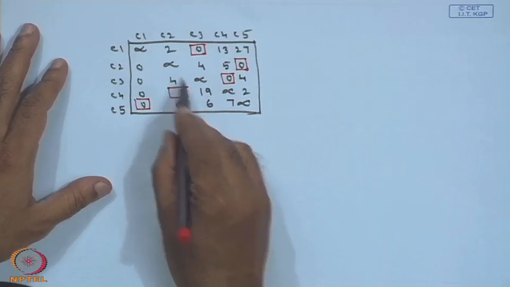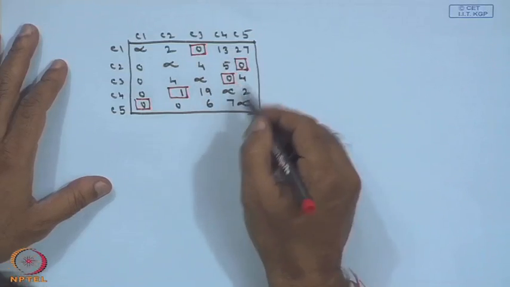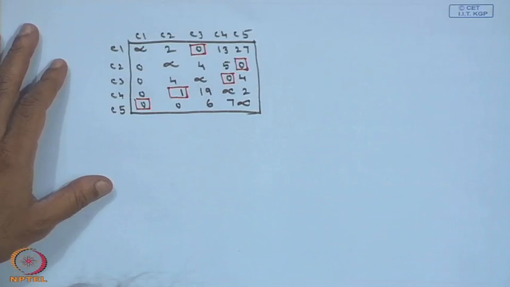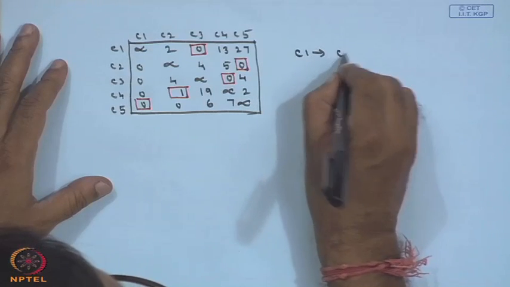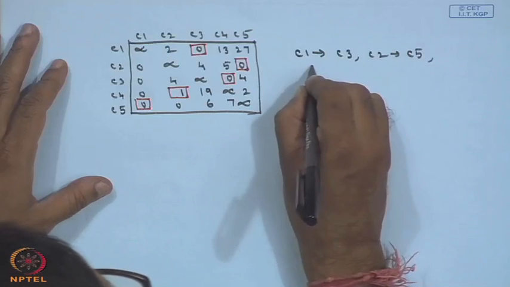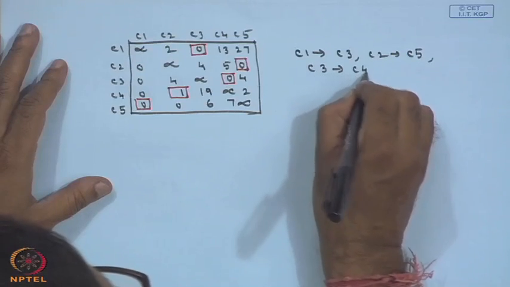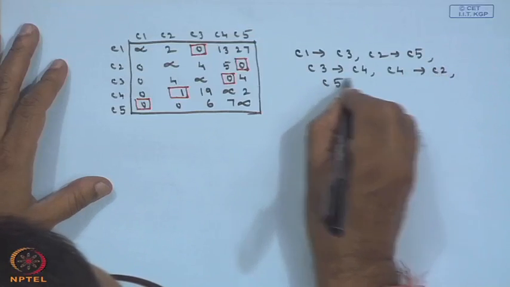Once you allot these, for the allocation of the others you follow the normal assignment problem we have done earlier. Now the allocation is C 1 to C 3, C 2 to C 5, C 3 to C 4, C 4 to C 2 and C 5 to C 1.